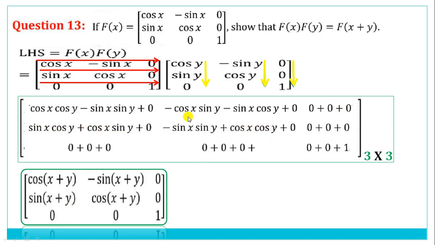And this is cos x cos y minus sin x sin y, the formula for cos(x plus y). These are the formulas that we have studied in the trigonometry section of class 11th. If you pay attention, this looks exactly like f(x plus y). Therefore it's proven that f(x) multiplied by f(y) is equal to f(x plus y).